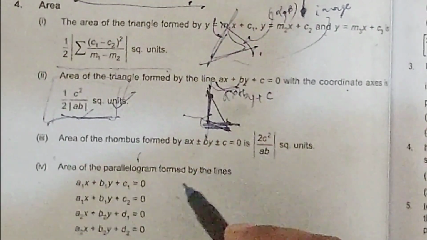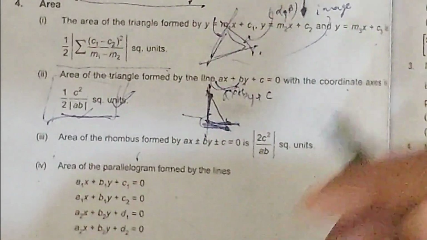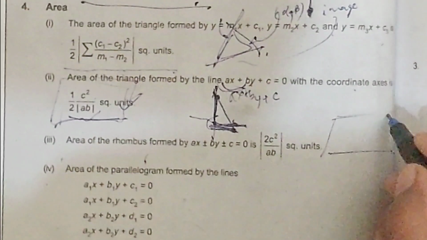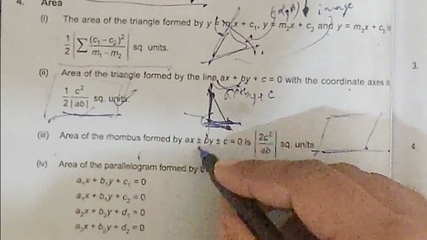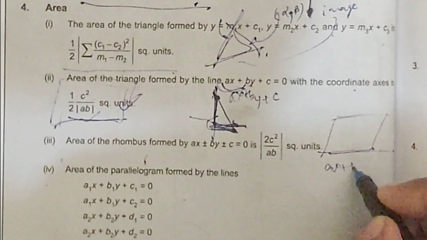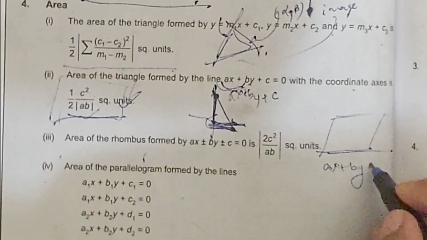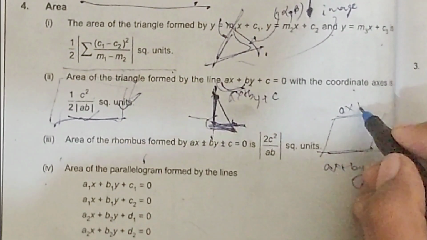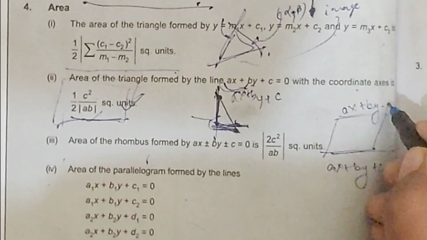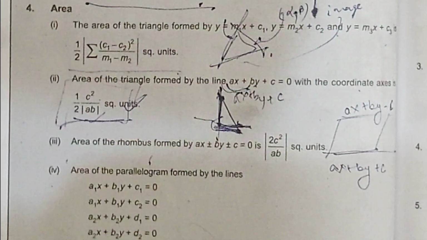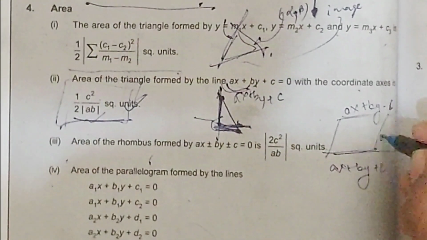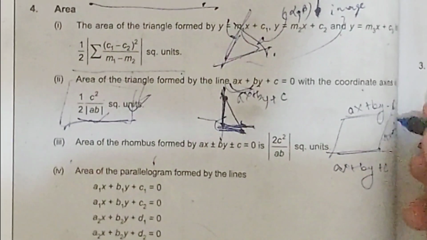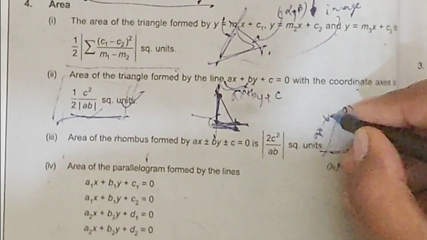Then the area of the rhombus formed by this. For a rhombus, you will have four lines, right? Suppose this is the rhombus that we are talking about. One will be ax plus by plus c, other will be ax plus by minus c, and the other lines will be ax minus by plus c and ax minus by minus c.